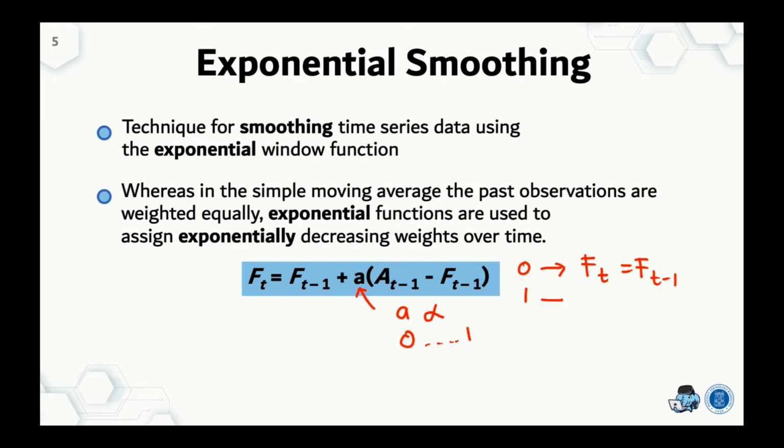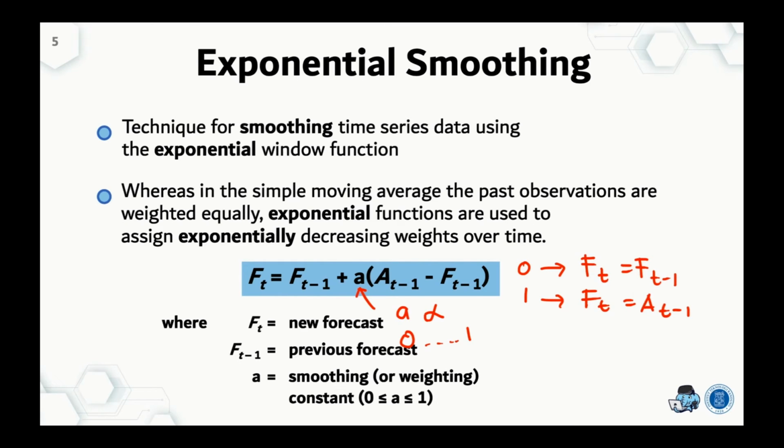When it is 1, the forecast of the current period is equal to the actual of the most recent period, which is equal to the naive method. So A here is the smoothing or weighting constant.